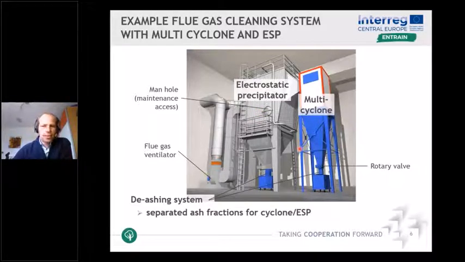What also can be seen here are several devices for maintenance access, like ladders or platforms, also a manhole for inspection of the electrostatic precipitator during revision. And what also can be seen is the de-ashing system, here with separated ash fractions for the multi-cyclone and the ESP, and with direct ash discharge into the containers.